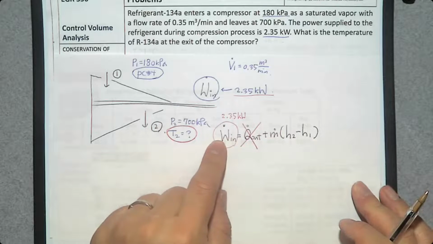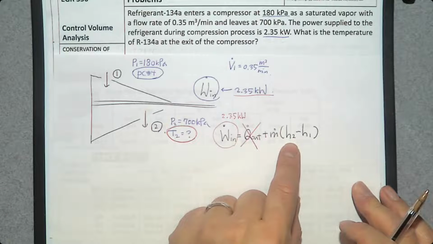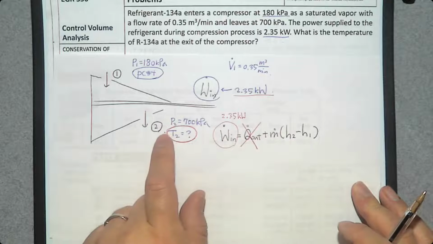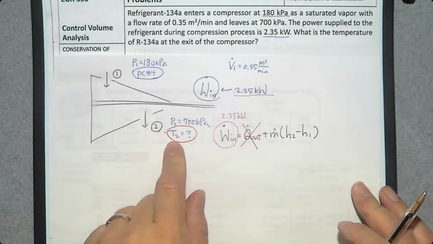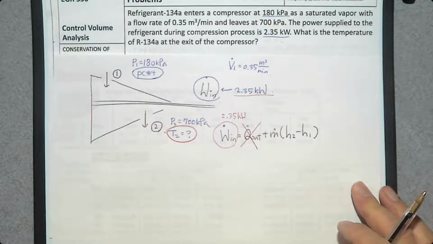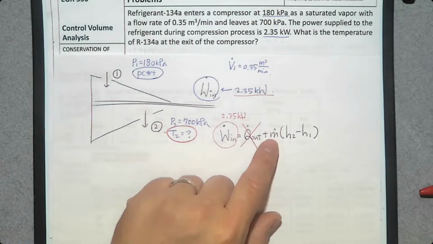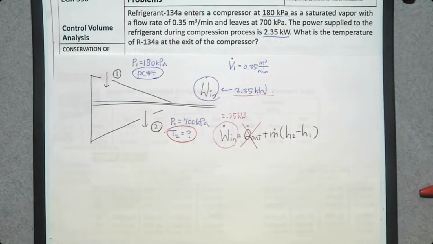Then solving this equation will give us h2. If you know P2 and h2, can you determine T2? Yes, a simple table problem in the first exam. So that's the plan. So let's find m dot first. How do we determine m dot?